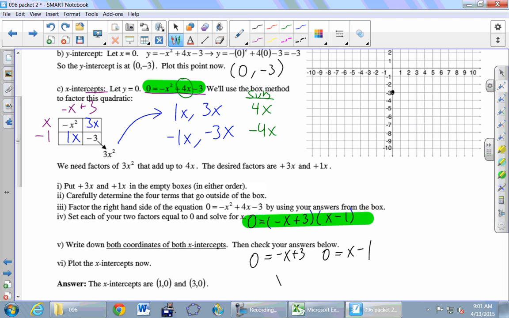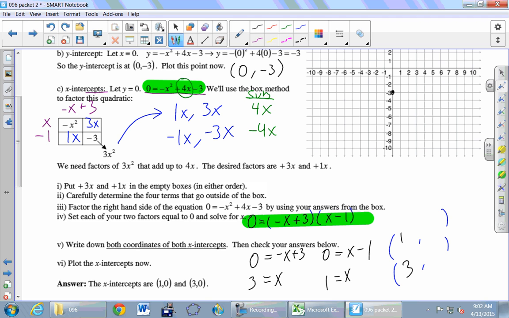So how much is x in this first equation? Is it 3 or negative 3? 3. And then the second equation, x equals 1. And so that means we now have 2 x-intercepts. We just found that x is 1 and 3.